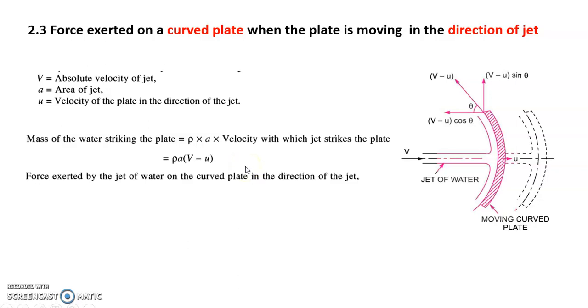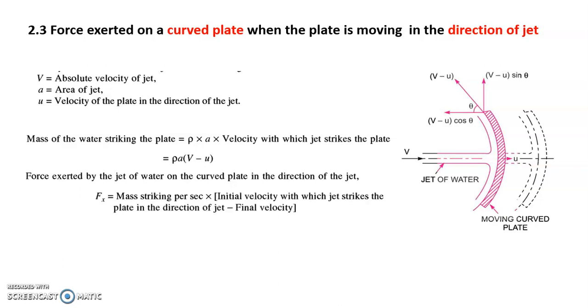Now the next one is the force exerted by the jet of water on the curved plate in the direction of the jet. In the direction of the jet always means something related to the x axis, so it is Fx. Fx is mass per second into the initial velocity before striking minus the final velocity after striking.